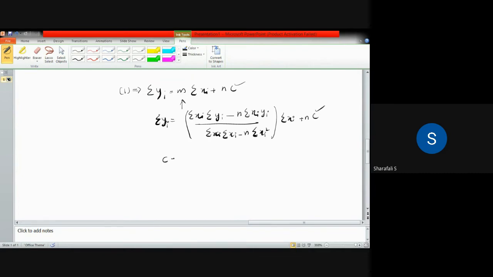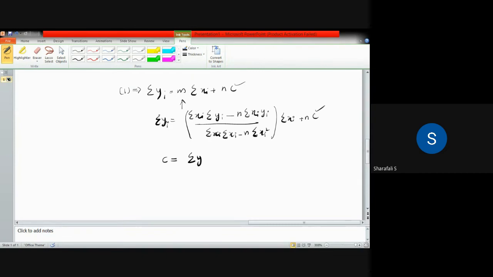And if you do that, from this particular equation, if you find what is the value of c, then you will get it as sigma y. So you have to multiply this sigma xi with these quantities first, that is in the bracket.